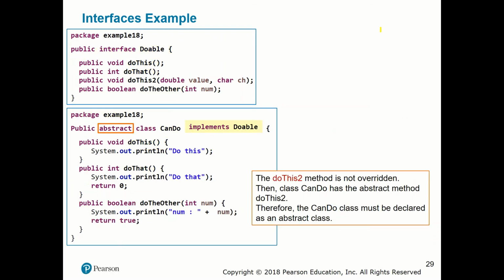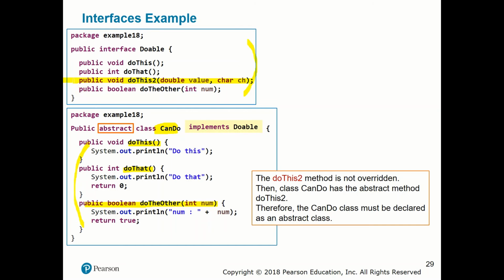Let's take a look at this example. This example is the same as the previous one, except that in the CanDo class there are only 3 overriding methods. So here, doThis2 is not overridden in the class CanDo. This means that the CanDo class has 1 abstract method.